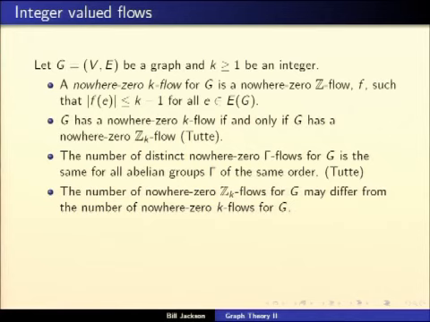The number of Z2 flows is 1, we just put 1 everywhere. And the number of plus or minus 1 flows in the integers is 2, because we can have plus 1 minus 1 or minus 1 plus 1.